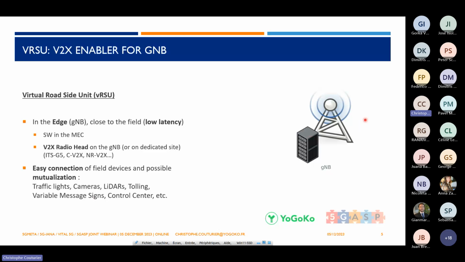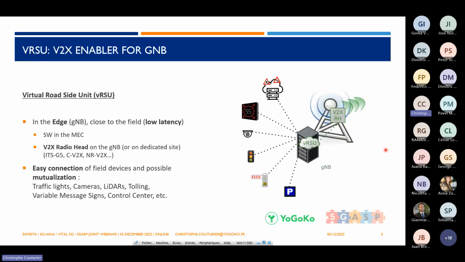The intention of the VRSU is to enhance the gNodeB by adding some software and some hardware. Basically, we add a small piece of hardware that makes the gNodeB able to send and receive messages using either CV2X, ITS-G5, or NR-V2X technology. And we add a piece of software in the gNodeB controller, more precisely in the MEC.